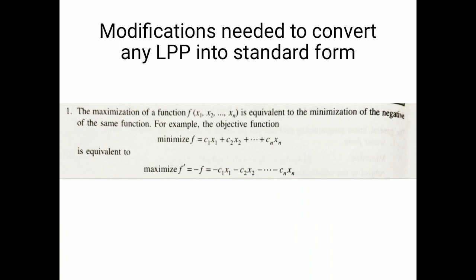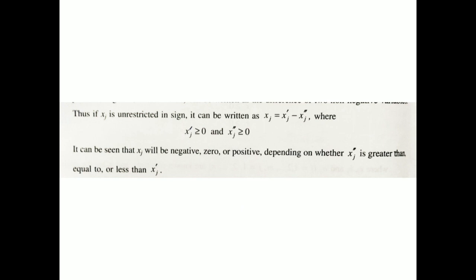The next characteristic, as I have told you, is that the decision variables should be of non-negative values. The characteristic of a linear programming problem is that all the decision variables are non-negative.